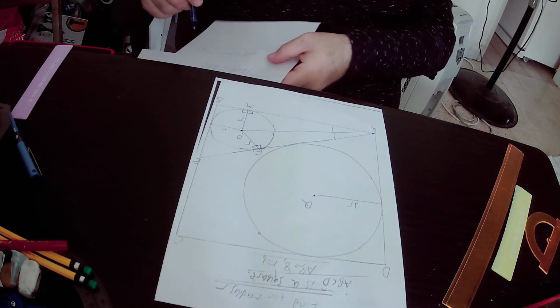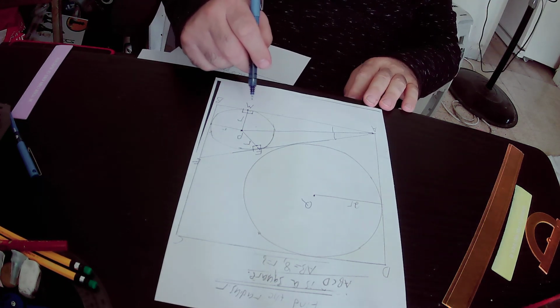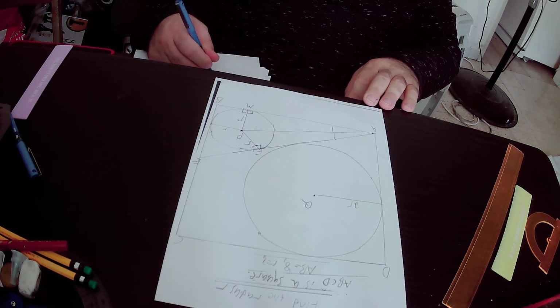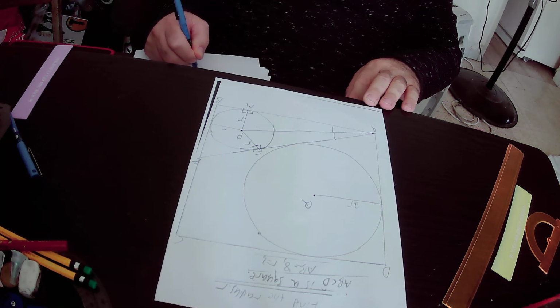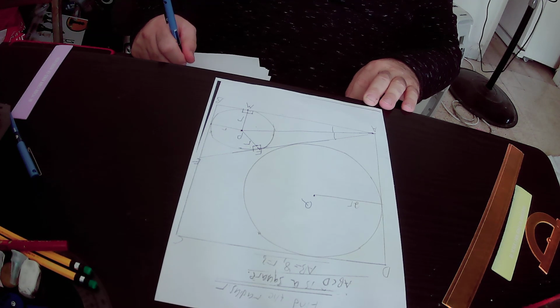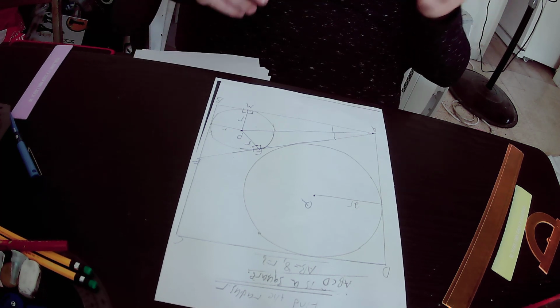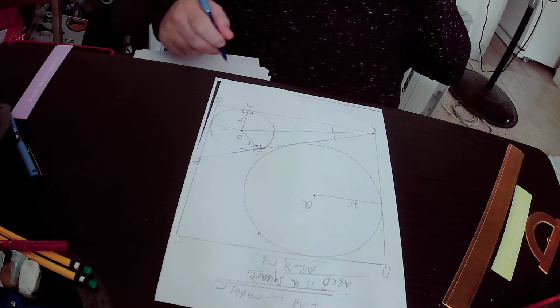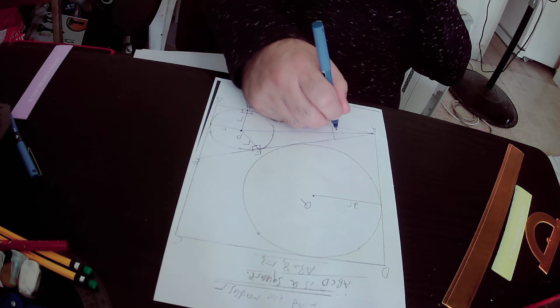That is to say, angle PAM is equal to angle PAF according to the rule that corresponding angles in congruent triangles are equal to each other. If we define this angle as alpha, then this angle will also be equal to alpha.